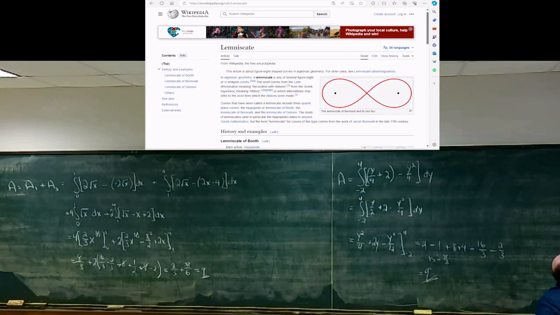Yeah, I'll just add it in here. Why not? It's called a lemniscate. We'll be revisiting that terminology towards the end of the semester when we look at geometry with a plane. It's a lot of cool curves.